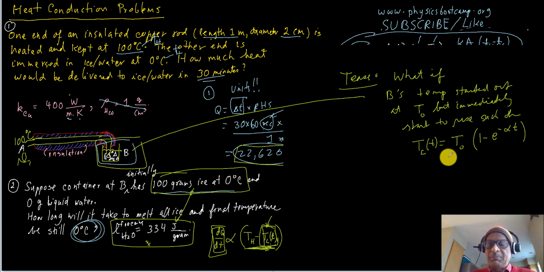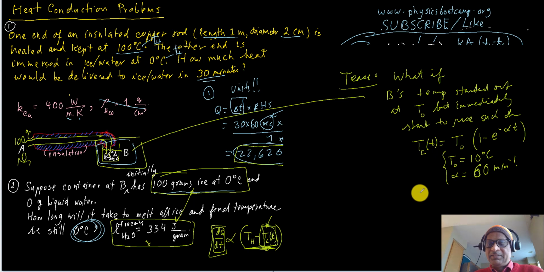I can even give you T0, say starting at 10 degrees Celsius, and alpha, say, becomes significant in maybe 1 hour, 60 minutes, 60-minute inverse, because this has to be unitless. So what if I gave you something like this?